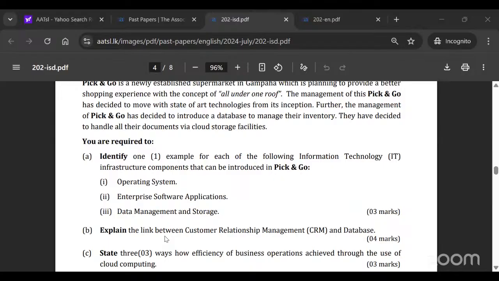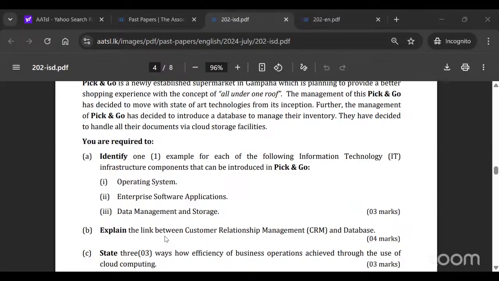SAP Business One can help Pick and Go manage various business processes like inventory management, sales, and financials, and it integrates seamlessly across different functions within the supermarket. All these ERP applications come with modules. We have to buy only the required modules.